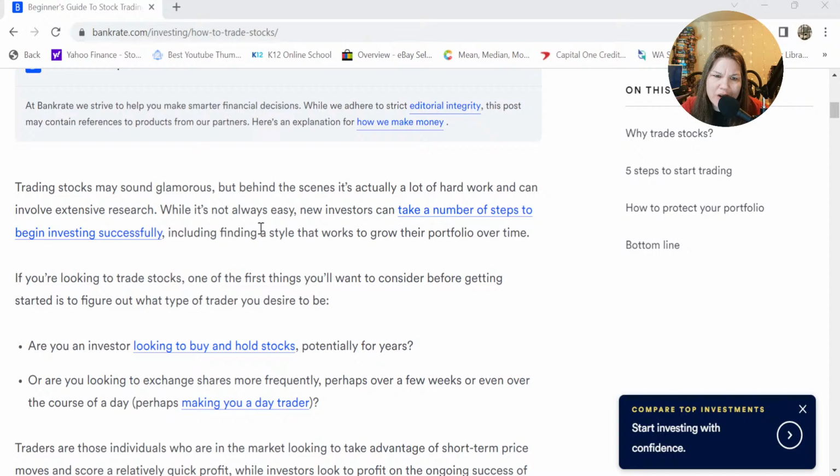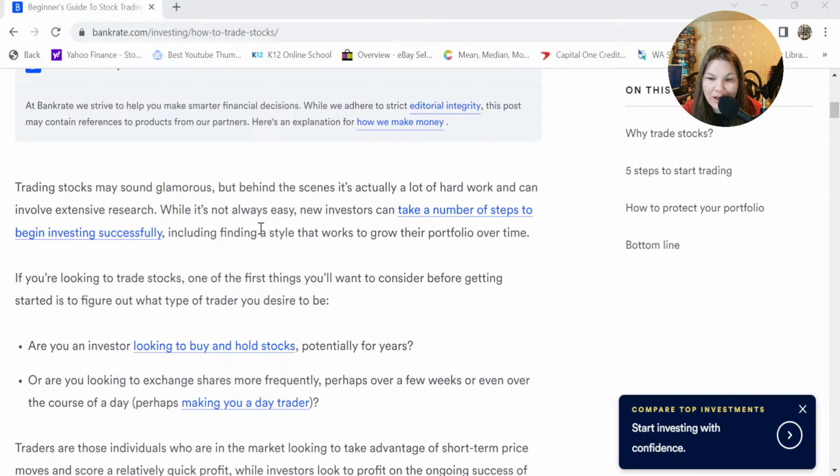You guys can call it a job. You can call it a future. You can call it a career. You can call it a hobby, whatever you want to call it. You have to do research for it. You're going to have to do research to see which stocks are the ones you want to get involved with because you could lose your money. You have to have risk management, and risk management includes research.